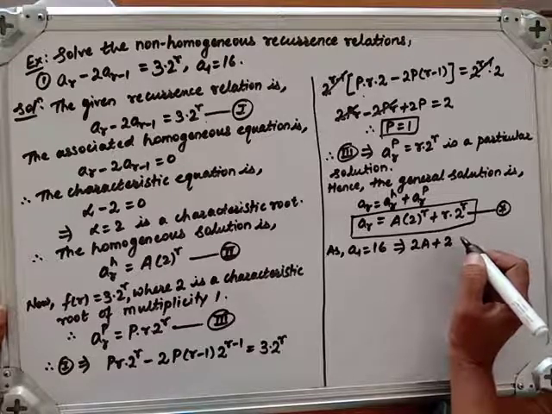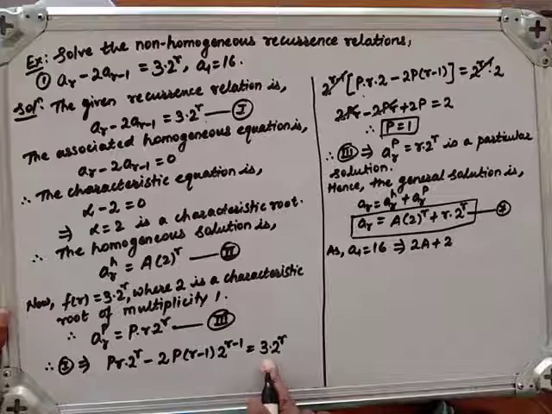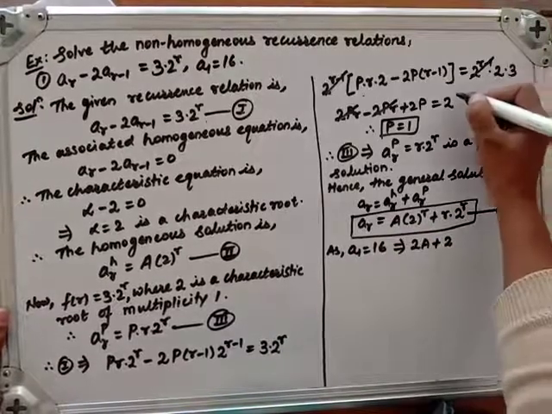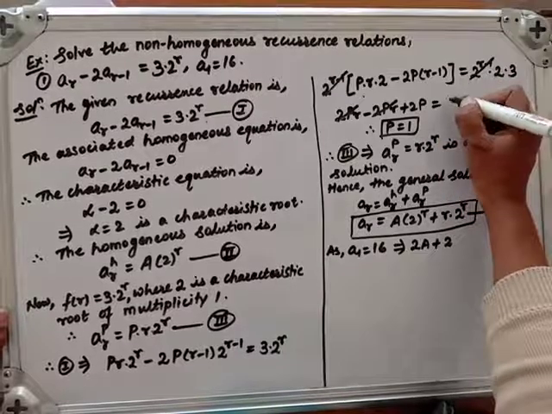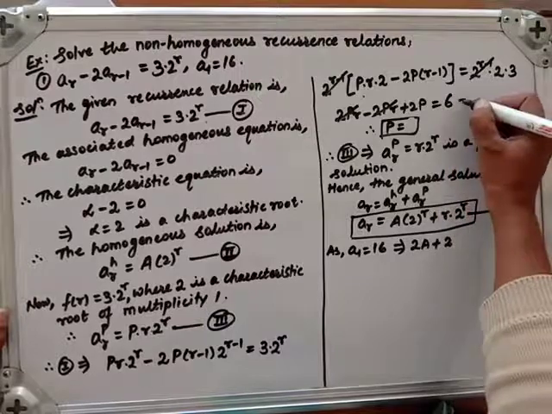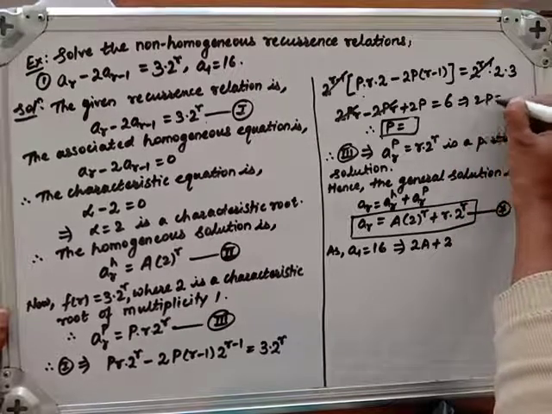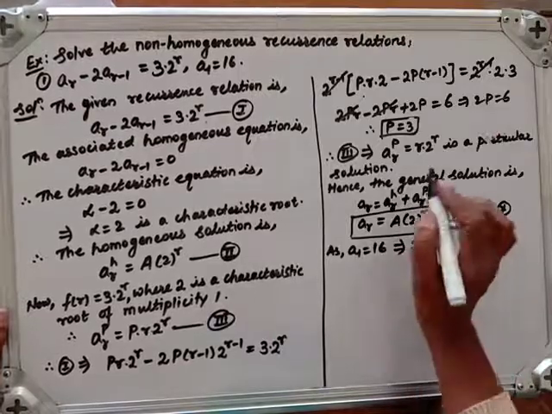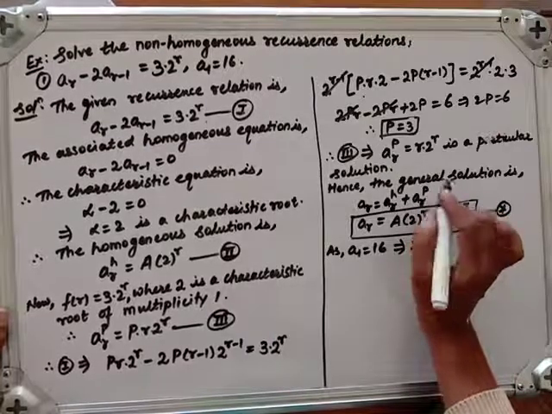Wait a minute, something is wrong here. The 3 was left out by mistake from me. So the 3 is here. 3 times 2 is 6. So 2P will be 6. This gives 2P is equal to 6. So P is equal to 3.